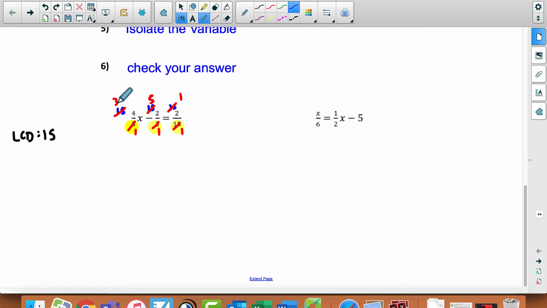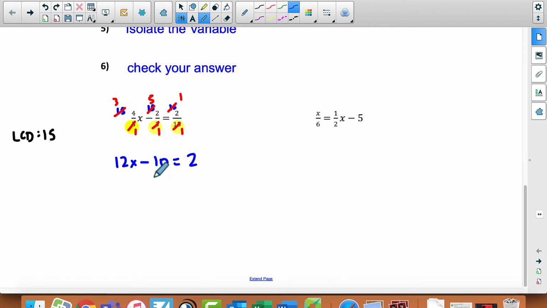What I now have is 3 times, remember this was multiplying, 3 times 4x. Well, 3 times 4x is 12x. Then I see a takeaway sign. Then I have 5 times 2, which is 10, equals 1 times 2, which is 2. And now you get to go way down your list of steps. You're already down at isolating the variable.